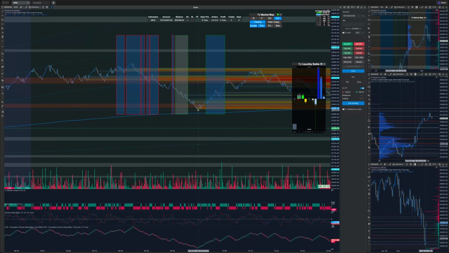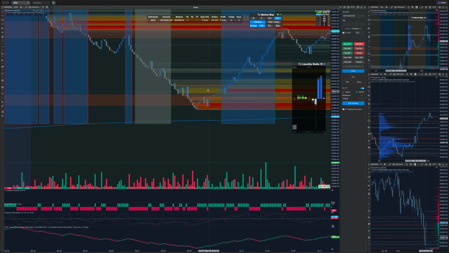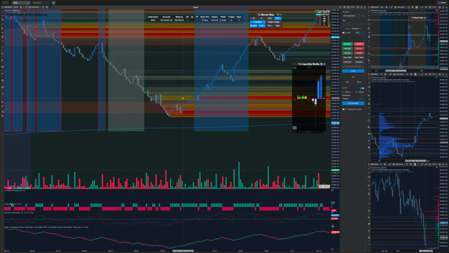But then later on, I realized here, there was a shift of, I don't know how those people call it, shift of market structure or something like that. So I saw here, okay, there was a lower high, but then it broke that lower high here.